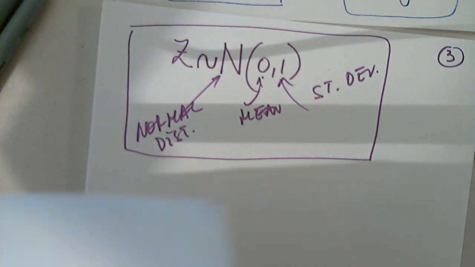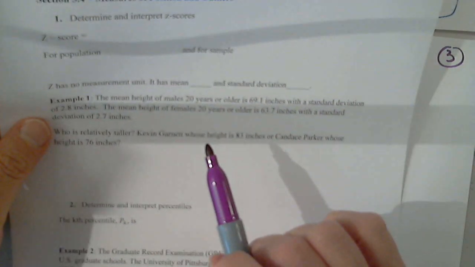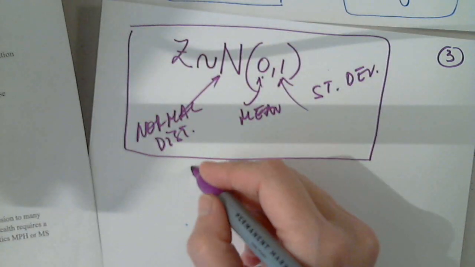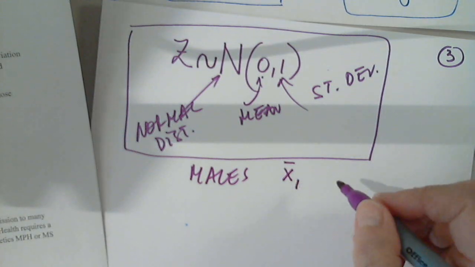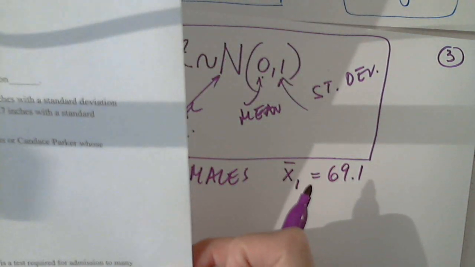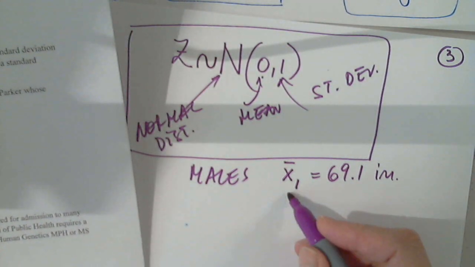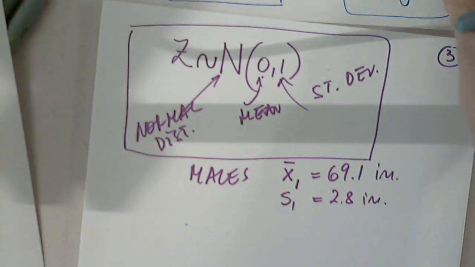Okay, so finally let's go to our example. Example 1. The mean height of males 20 years or older is 69.1 inches. So for males, I'm going to write x bar 1 equals 69.1 inches, of course, with a standard deviation S1 of 2.8 inches.